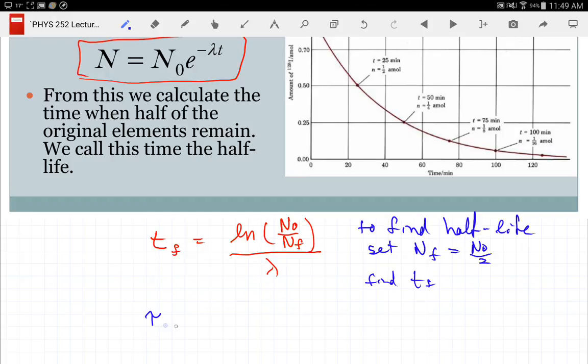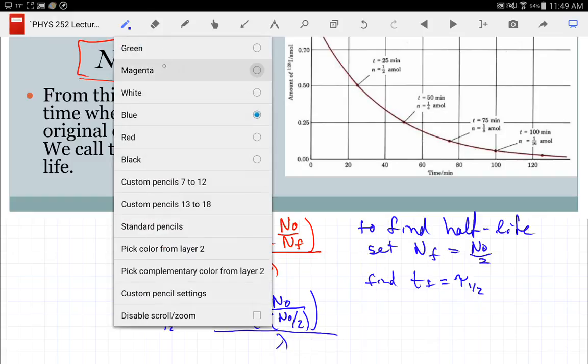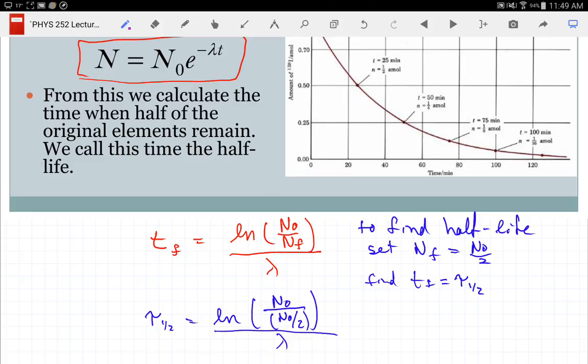So I'll put tau 1/2 for the half-life. And of course, we can all read this and say, I wonder what n0 divided by n0 is.